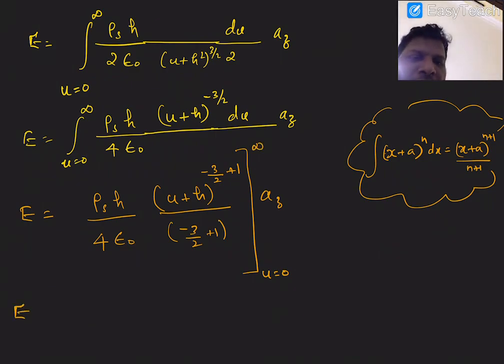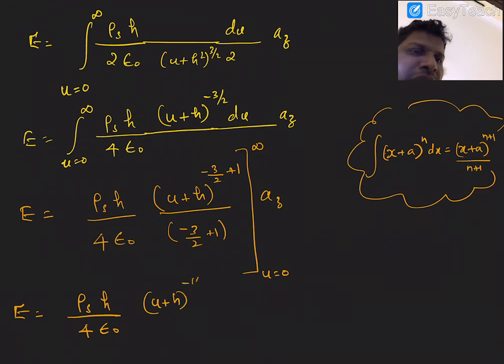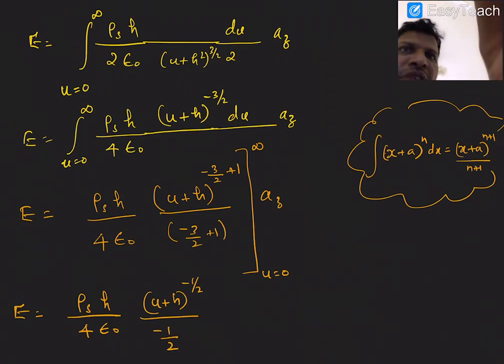So my electric field will be equal to rho s into h divided by 4 into epsilon 0, then u plus h square whole power minus 1 by 2, divided by minus 1 by 2. So you can see here a lot of things will cancel, and you will get 2.